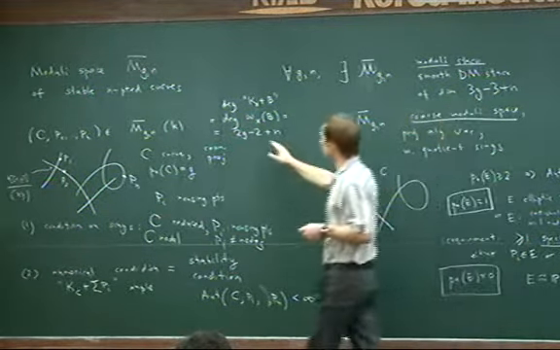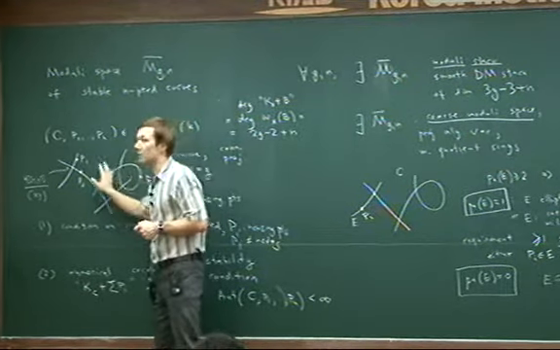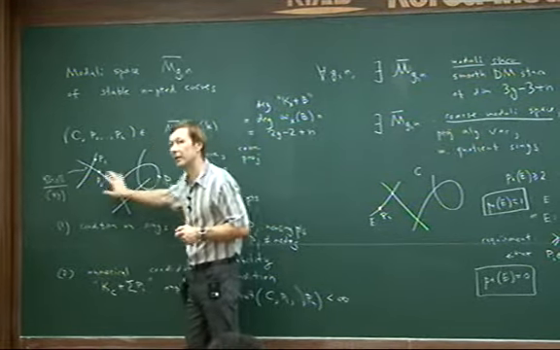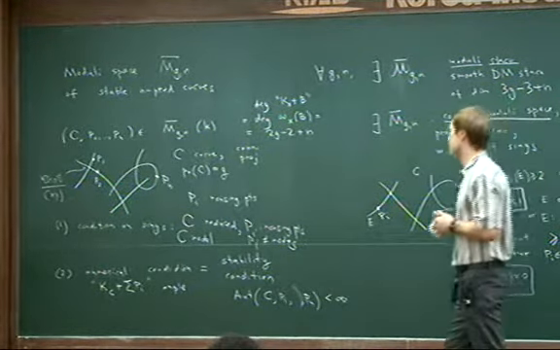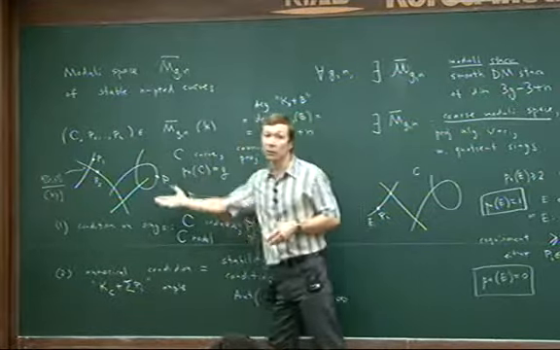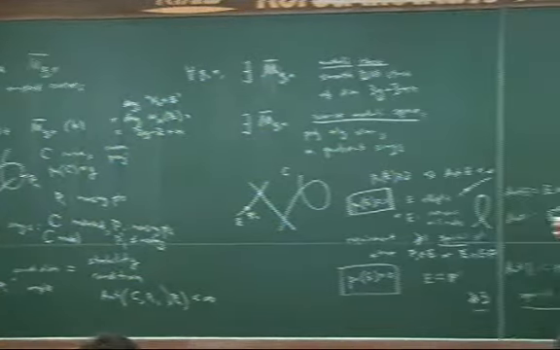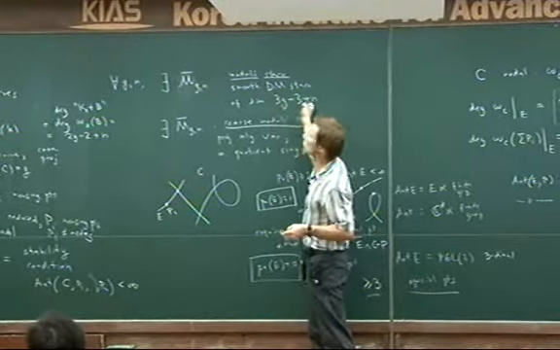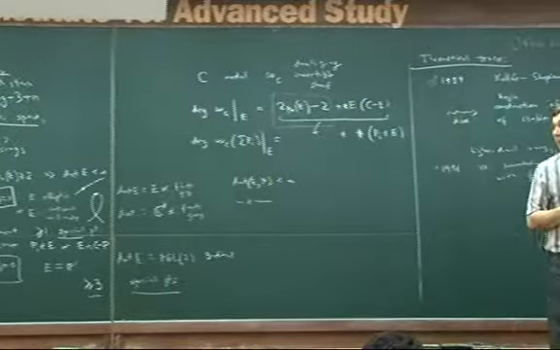And once you fix g and n, there are only finitely many combinatorial types of such curves. And so obviously one is dealing with a bounded family. And one can even say what the dimension of the total moduli space will be.